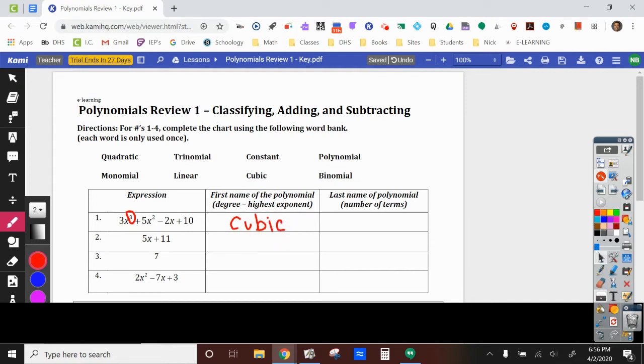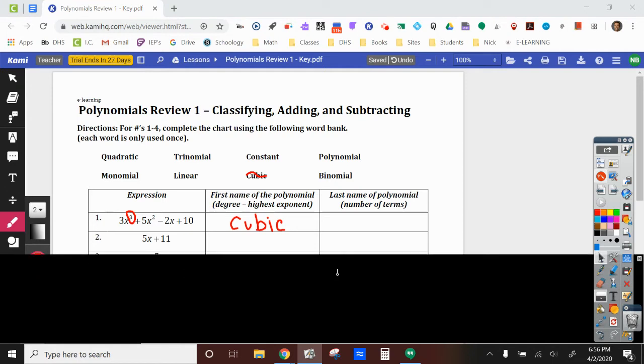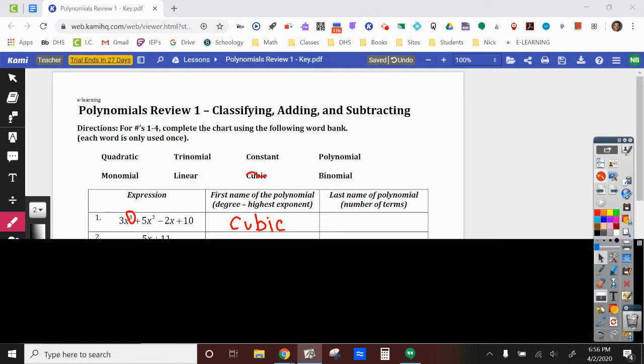Why don't we cross it off of our word bank? We use up that term. Now we're going to name this polynomial based on the number of terms. The number of terms are separated by plus and minus signs. So we have 1 term, 2 terms, 3 terms, 4 terms. Anything 3 or more than 3 terms is going to be called a polynomial.